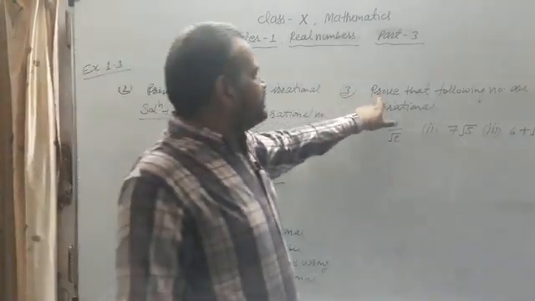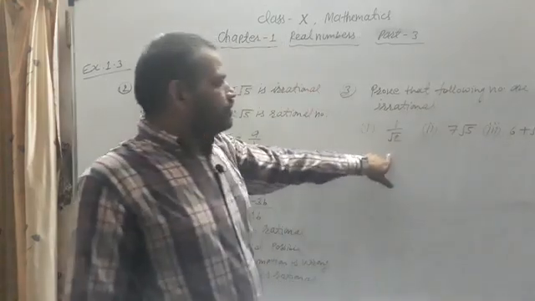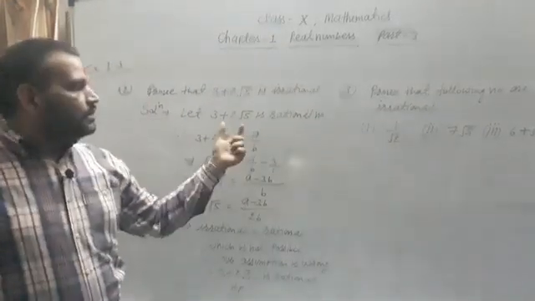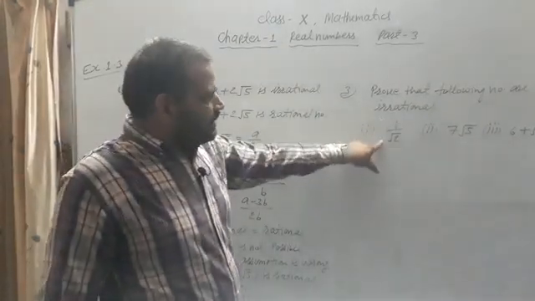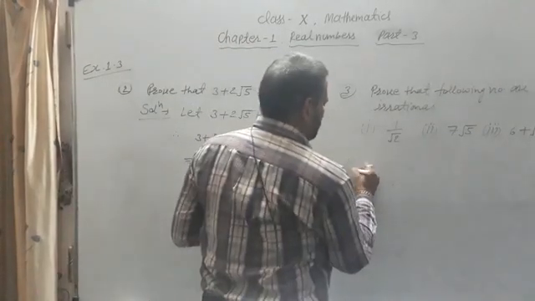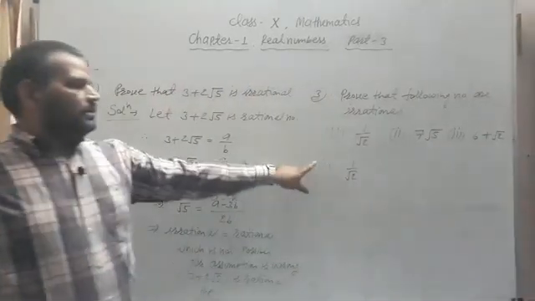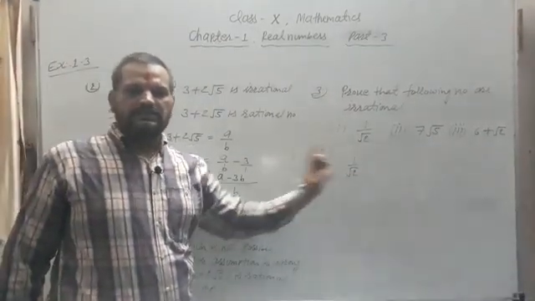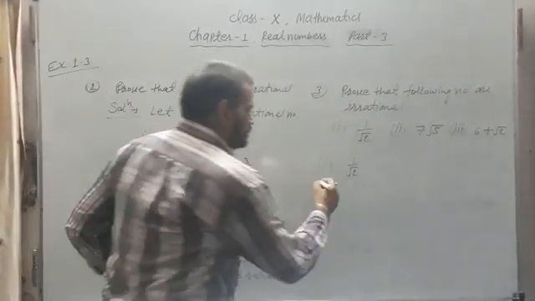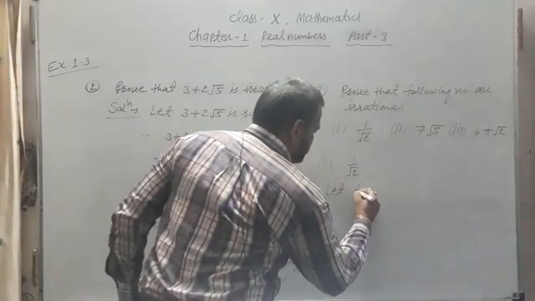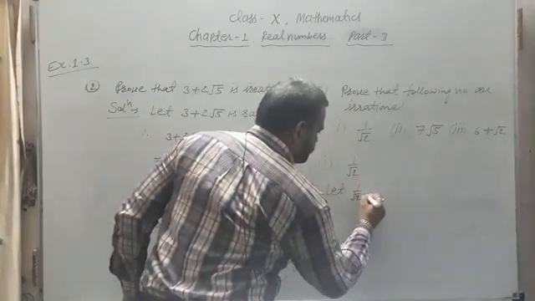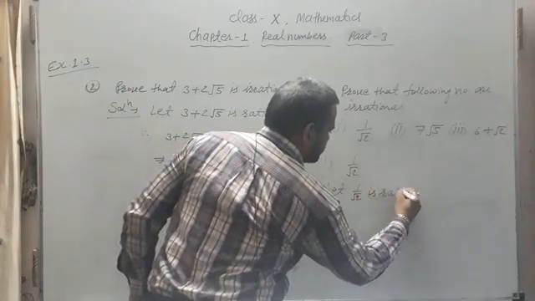In the same way, in the third question, we can prove that the given numbers are irrational. The first part is 1 by root 2. Prove that 1 by root 2 is an irrational number. Again, assume that 1 by root 2 is rational.